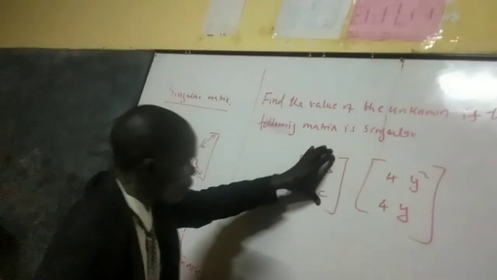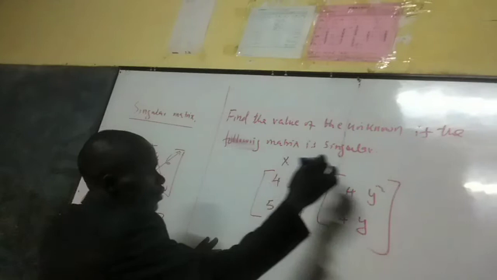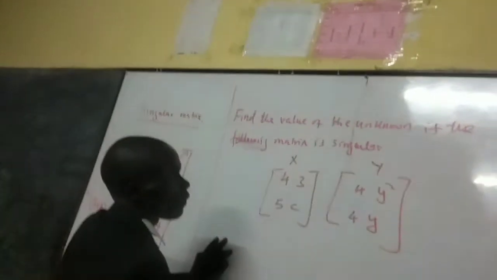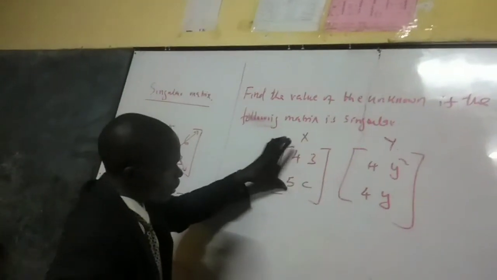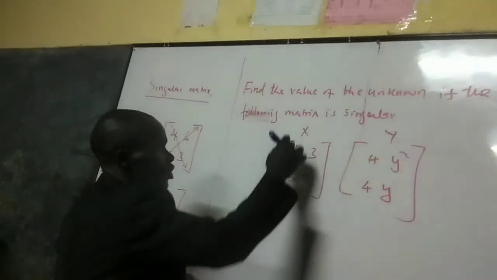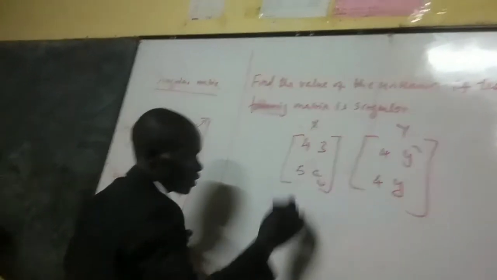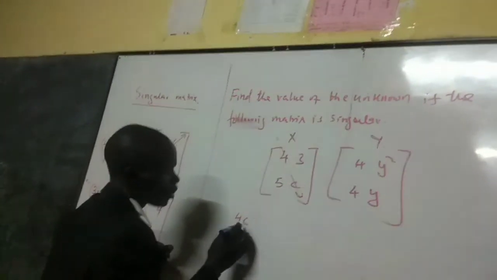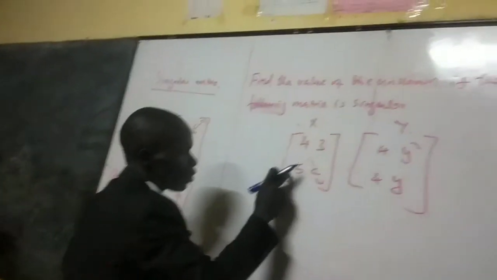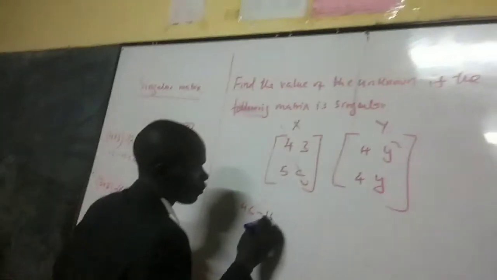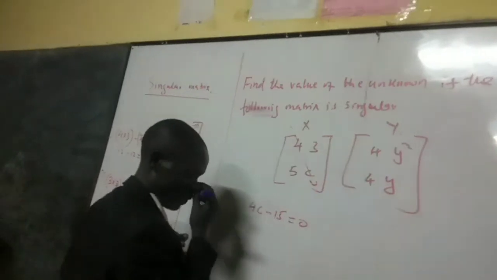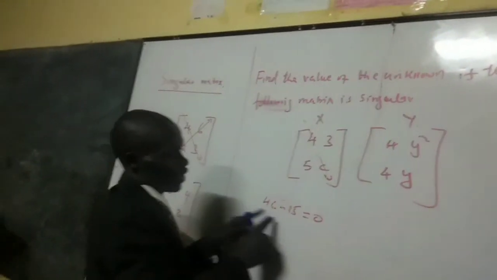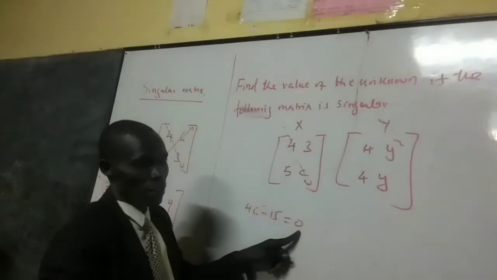Let me call this matrix X and this matrix Y. If this matrix X is singular, then it means that the product of elements in the leading diagonal, that is 4 times C, which is 4C, minus product of elements in the other diagonal, which is 15, should give us 0. If it is singular, then its determinant is 0.